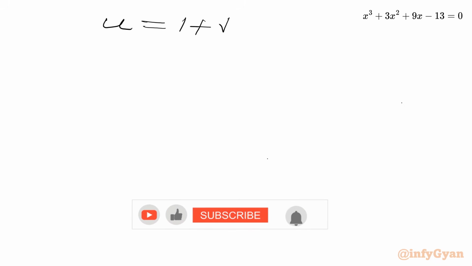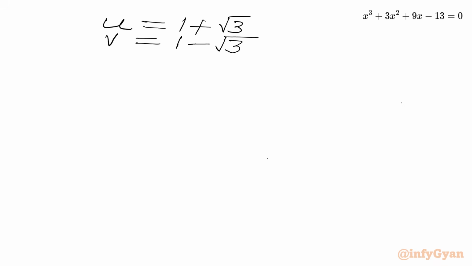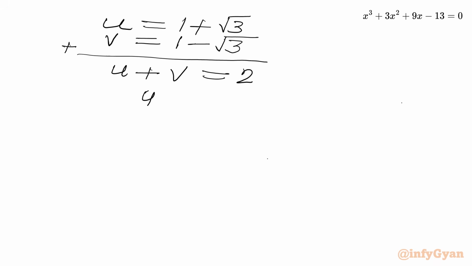Let me write here u equal to 1 plus root 3, v equal to 1 minus root 3. We will add both the equations and we will get u plus v equal to 1 plus 1, which is 2. U plus v is y. So we'll write y equal to 2.